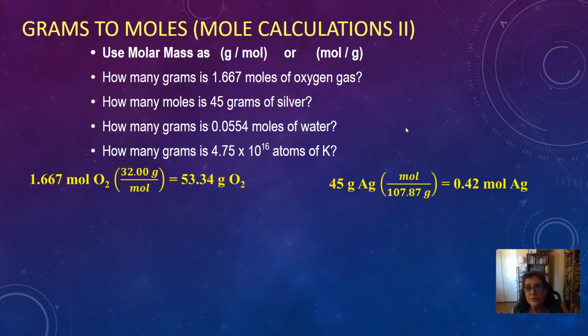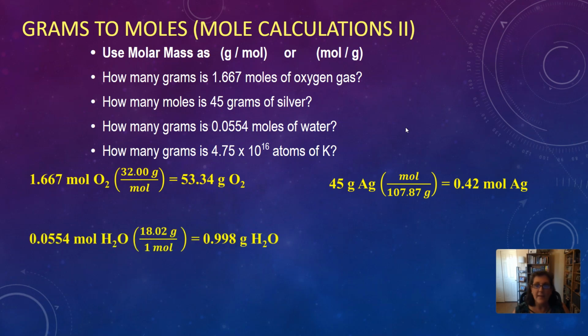Again, those zeros are significant. Don't forget the zeros. Add that together, and we get 2.02 plus 16.00 equals 18.02. And that will be grams over 1 mole of water. Looks like this.